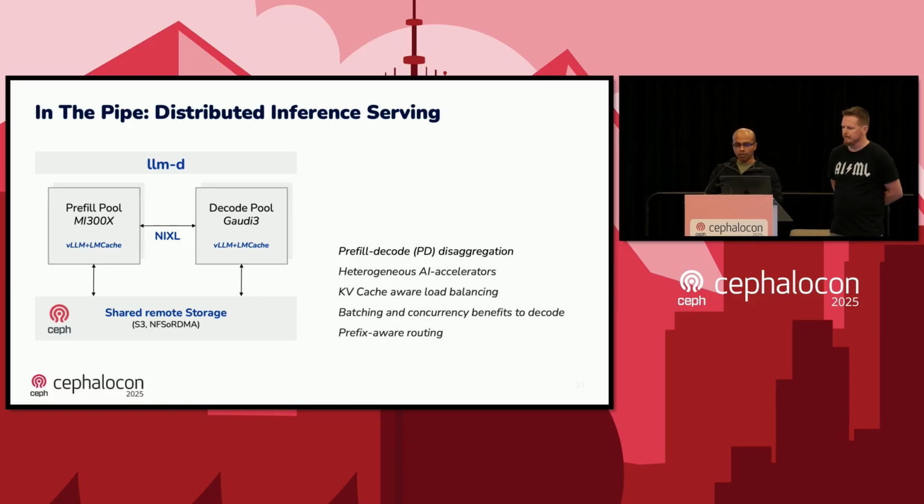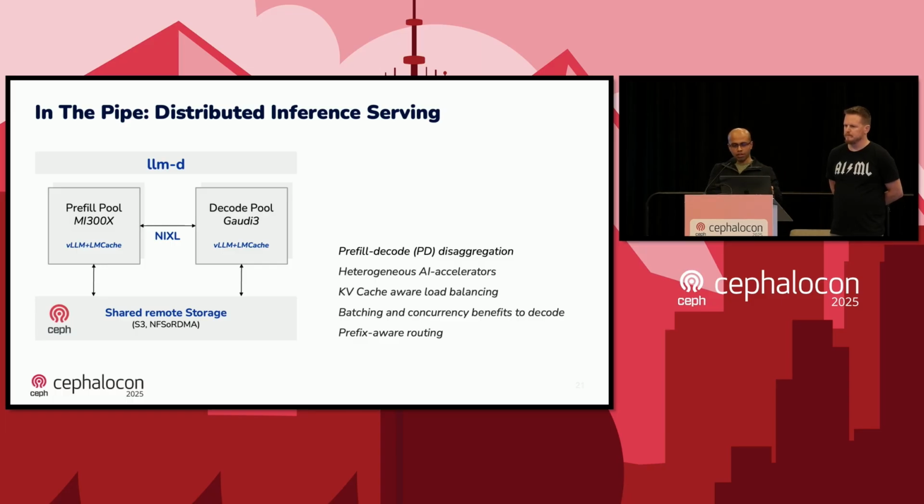So you guys may have heard of a project called LLM-D, which Red Hat and Google started. LLM-D stands for distributed. Distributed inference is a big theme where, like Kyle described earlier, there's a pre-fill and decode disaggregation, which has specific benefits to not just mixing heterogeneous AI accelerators in an environment, but also matching the need with the capability, right?